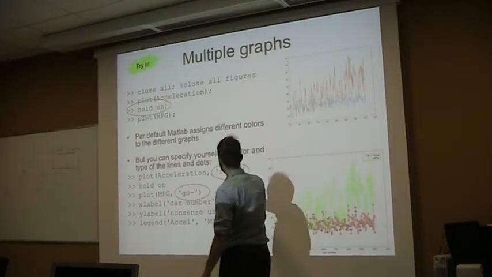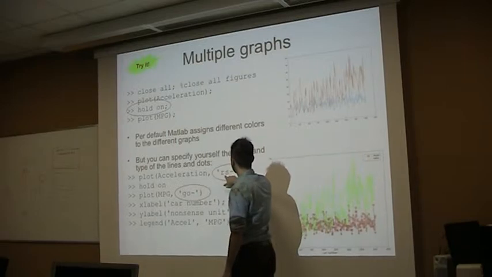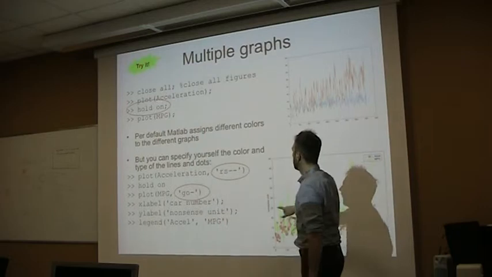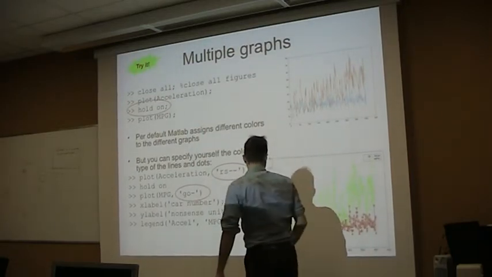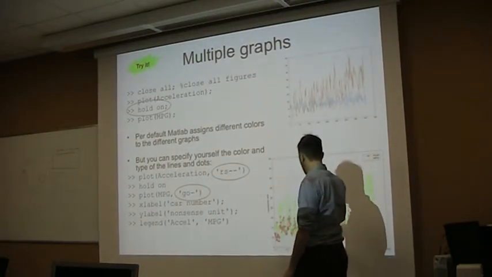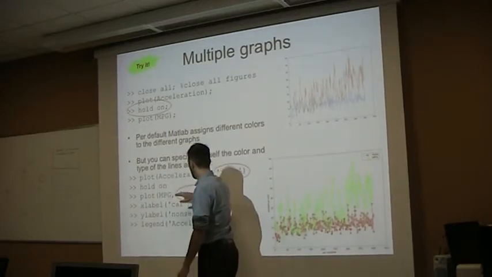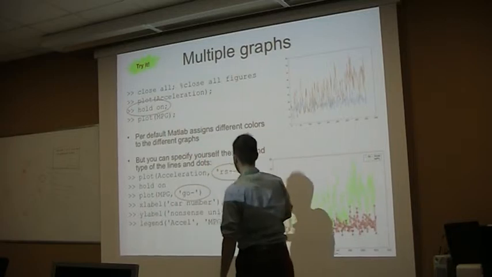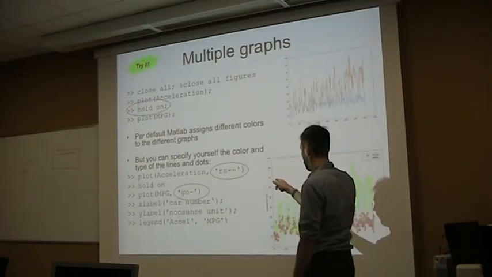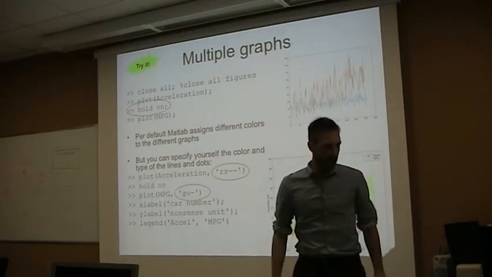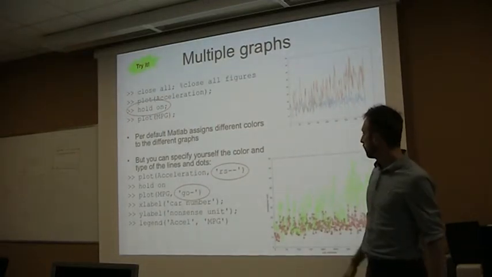Here, for example, I'm specifying that I want acceleration to be red and dashed, and I want little squares as markers. And then I say hold on again. On top of it, I put the green line for miles per gallon, and the markers are round, but you can barely see it. And the line is continuous.